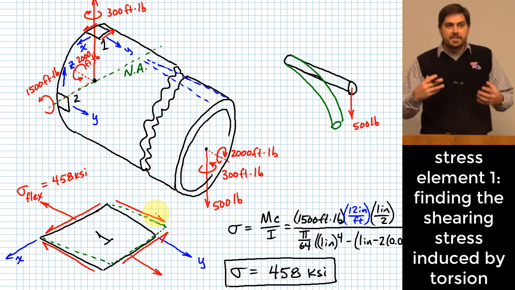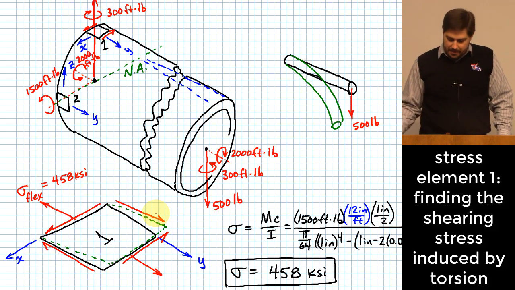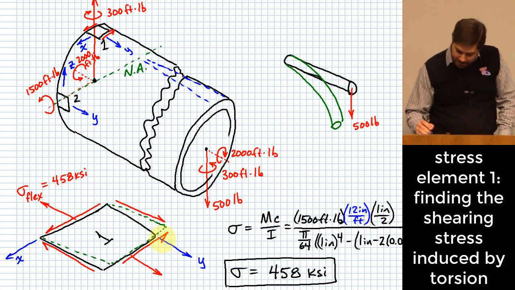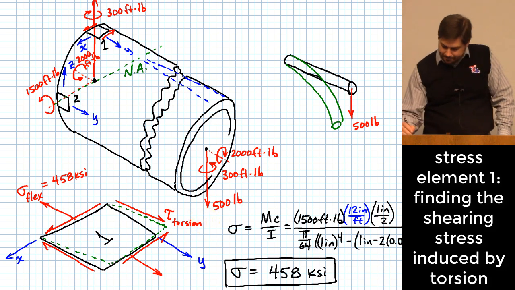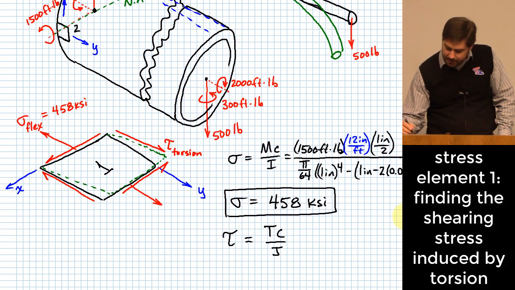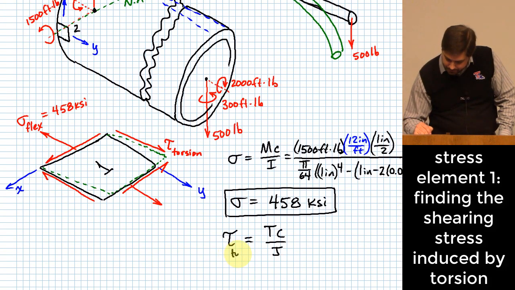So a complete state of shear involves all of those shearing stresses shown around the perimeter. And I'm just going to name this tau due to torsion, like tau subtorsion. And that's what I'm finding down here, this tau due to torsion.